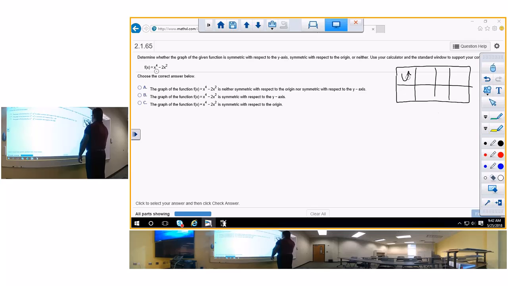Here's x to the 1st power, a straight line. This is x to the 2nd power. This is x cubed. And x to the 4th looks like a parabola, but it's flatter on the bottom. Like that, that's x to the 4th.